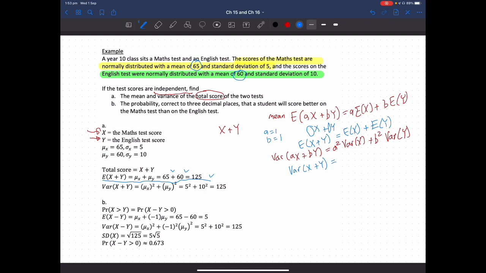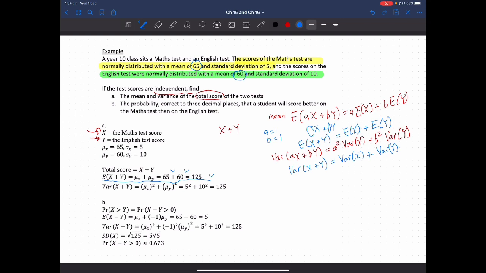A is equal to 1 and b is equal to 1, as we said before. 1 squared is 1, so 1 times the variance of x is the variance of x. Plus 1 squared again, which is 1, times the variance of y, is the variance of y. So the variance of x plus y is equal to the sum of the variance of x plus the variance of y.